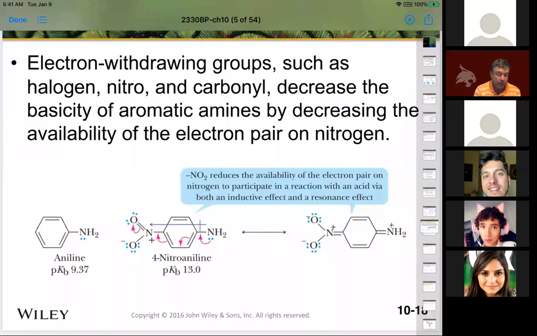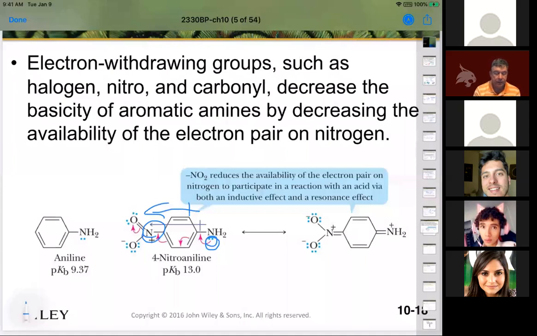Well, when you have an electron withdrawing group here, you actually also have an inductive effect, pulling some more electron density away from this lone pair here. The less time there's a full lone pair there, the less basic the amine becomes.